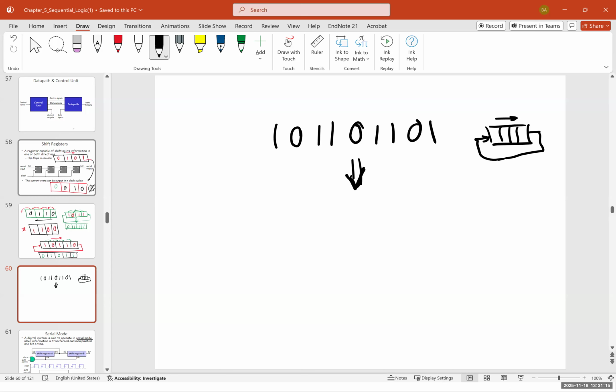Everything shifts 1 to the right, and this one goes all the way around. So I simply erase the one on the right and put it here. It's going to be 1, 1, 0, 1, 1, 0, 1, 1, 0.